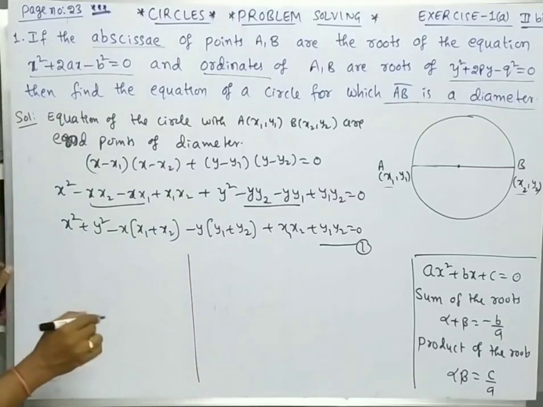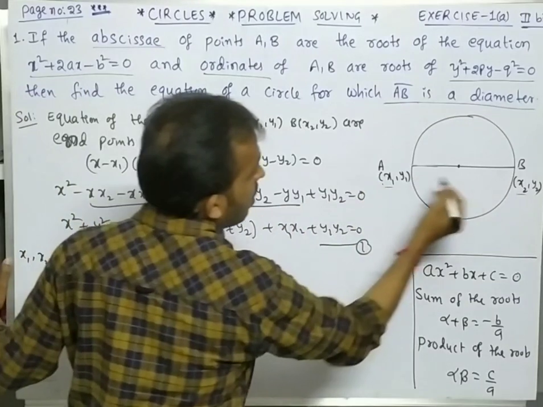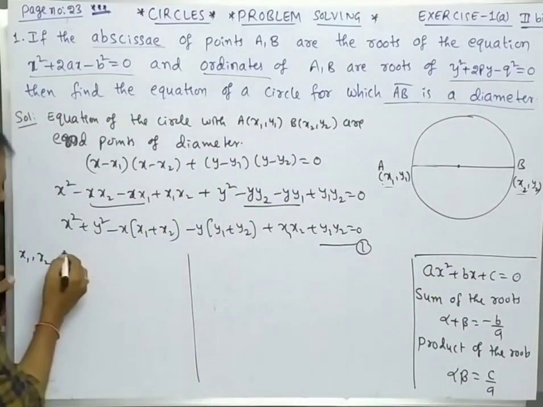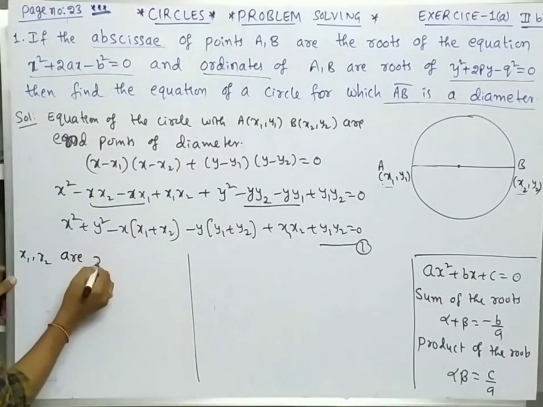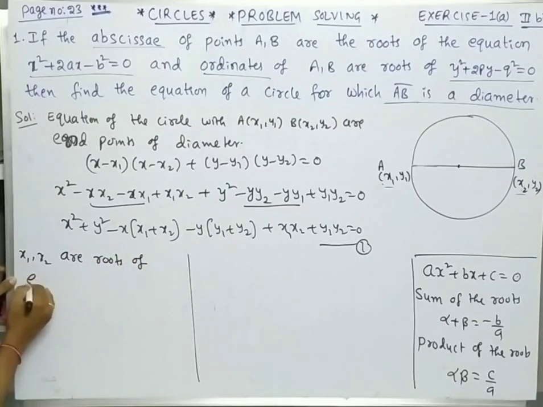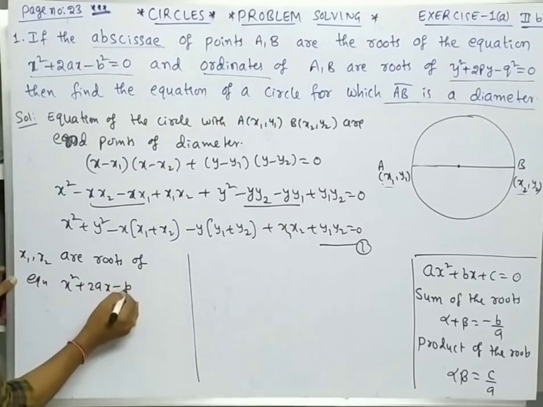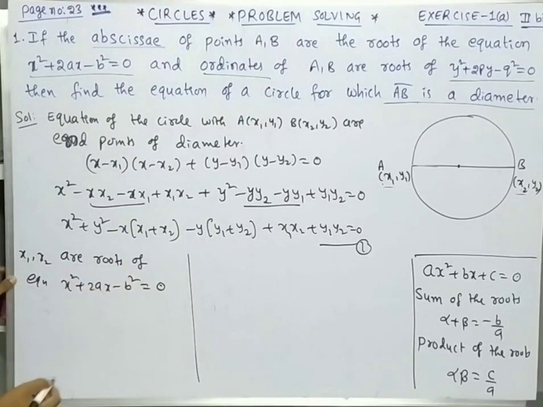Now, what is given? The abscissas x1, x2 are roots of the equation x square plus 2ax minus b square is equal to 0.